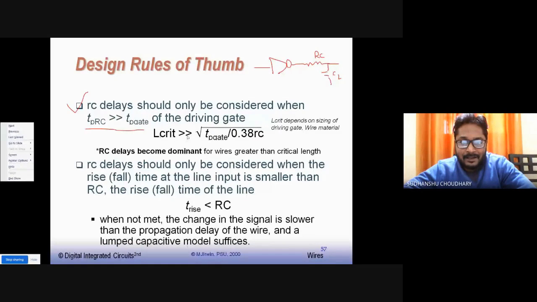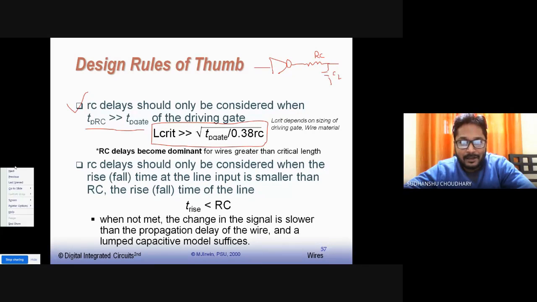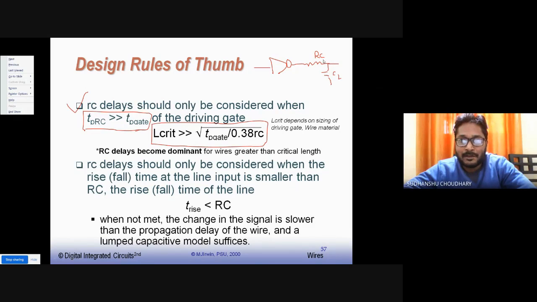When the length is much greater than the root of the propagation delay of the gate divided by 0.38 RC. I think somebody asked what length the resistance will come into picture at. That number is actually this. It depends on the propagation delay of the line being much greater than the propagation delay of the gate, so you will bring in the resistance of the wire also into picture.